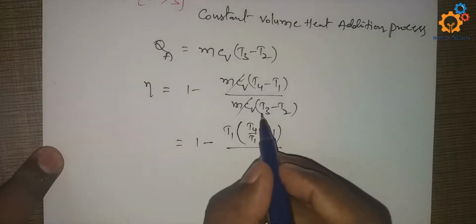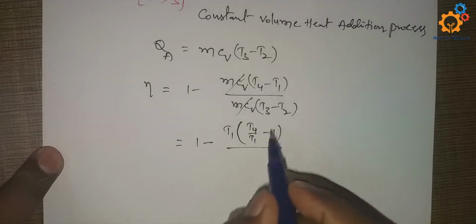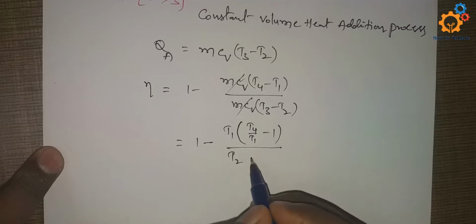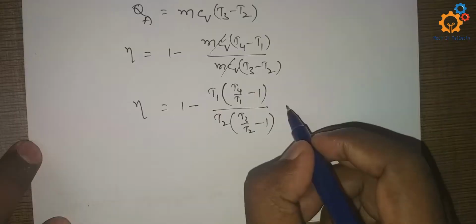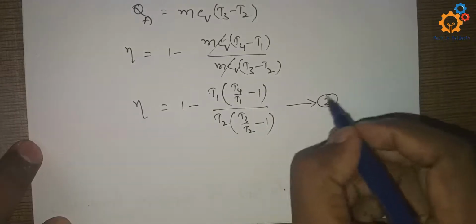But if I take T2 common in the denominator, I will get T3 by T2 minus 1. Okay, now take this as equation 2.